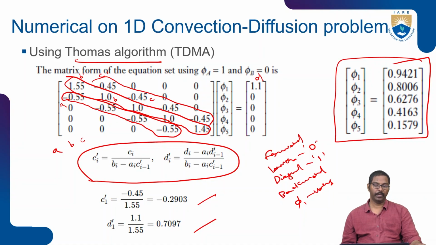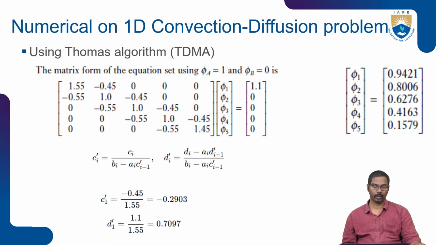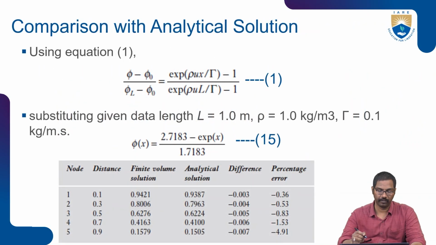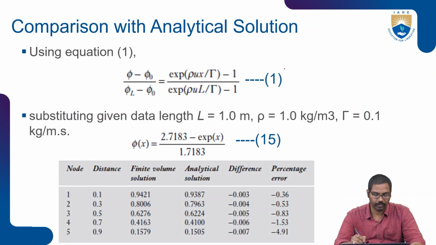If you want to compare this result with the analytical solution, we have to use equation number 1. Equation 1 is phi minus phi naught upon phi L minus phi naught, which is equal to exponential of rho u x upon gamma, minus 1. Here the length is 1 meter, density is 1 kg per meter cube, gamma equal to 0.1 kg per meter second.